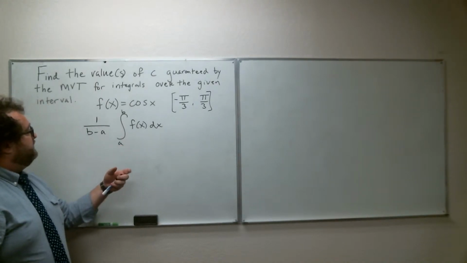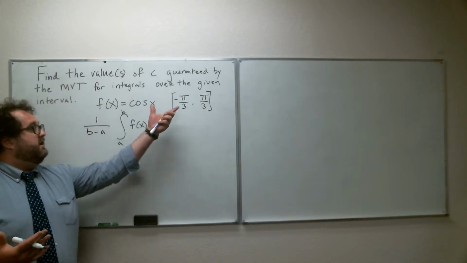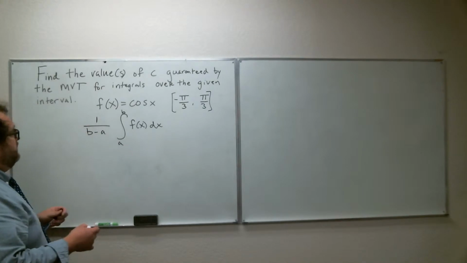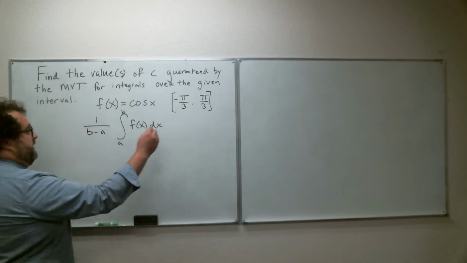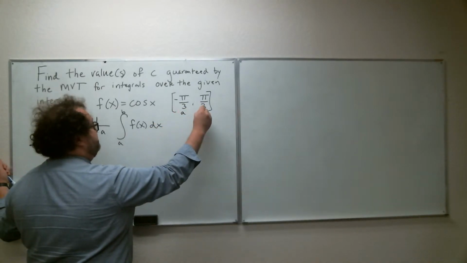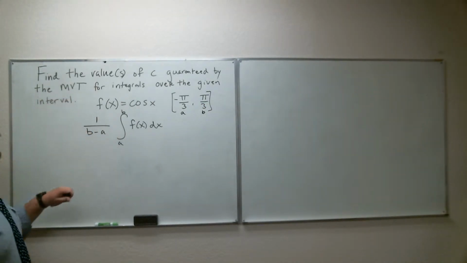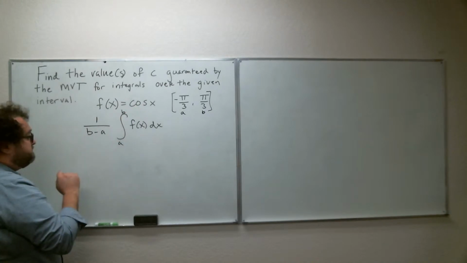Okay, so the first step is just a matter of plugging in to our expression here. By the way, the left-hand side of the interval is always a, the right-hand side is b, so that's easy. Here's our function.